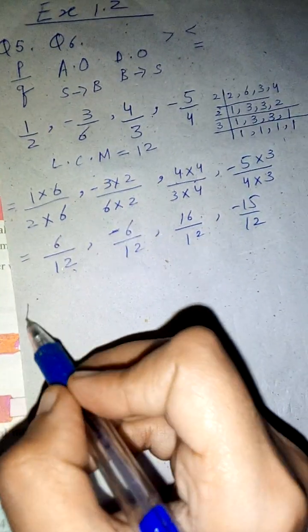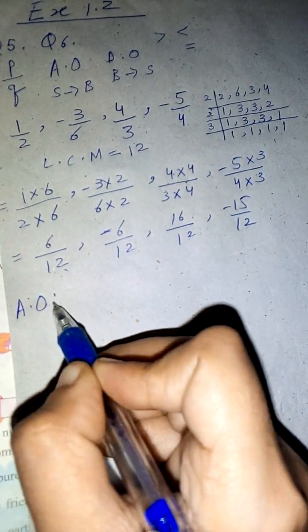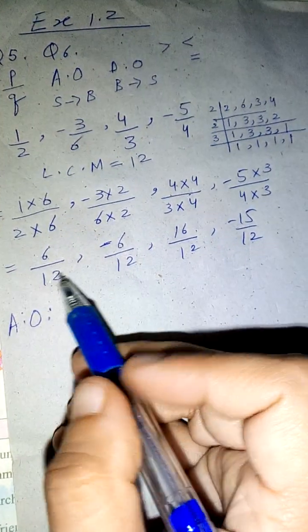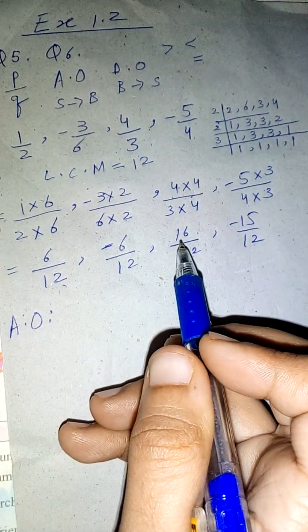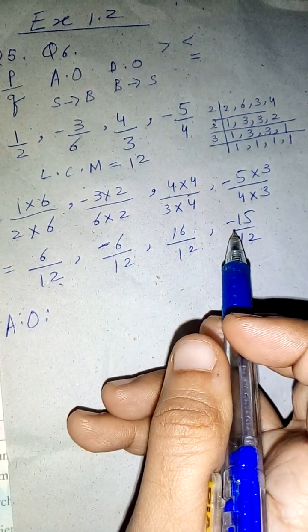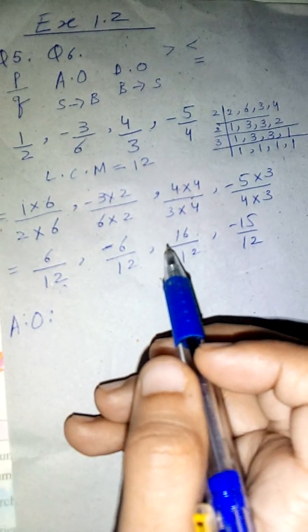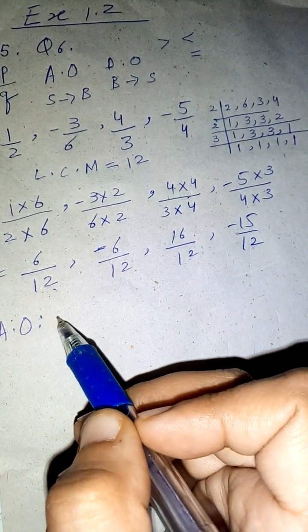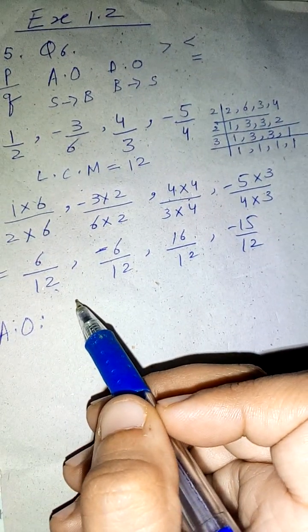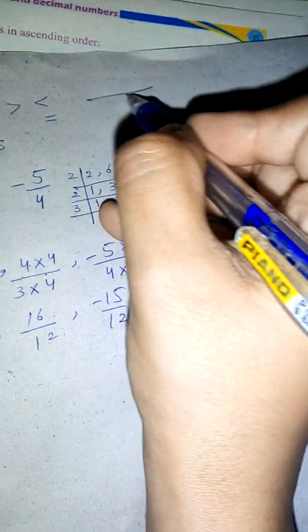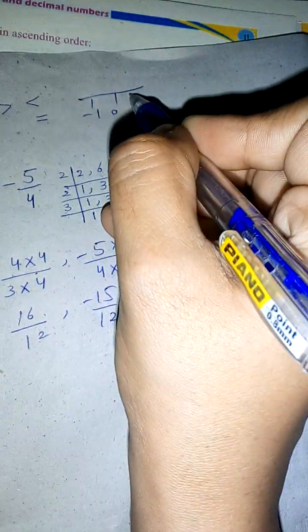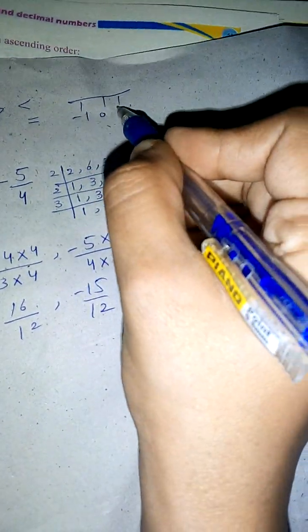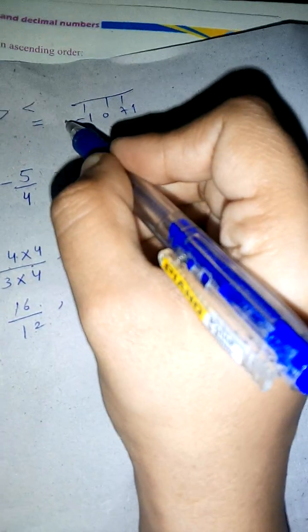If we are talking about ascending order, it means going from small to big. You know very well that in ascending and descending order with integers, with negative and positive rational values, ascending order always starts from left to right. In a number line, the negative values start from the left hand side.